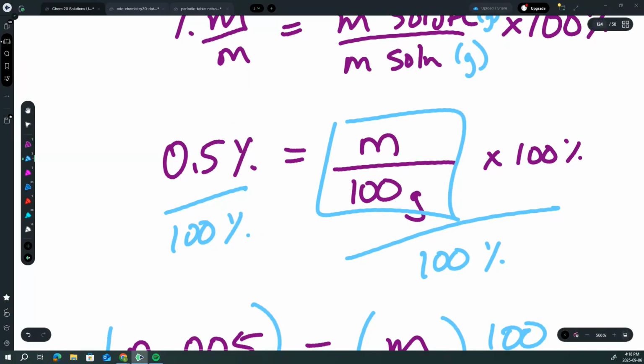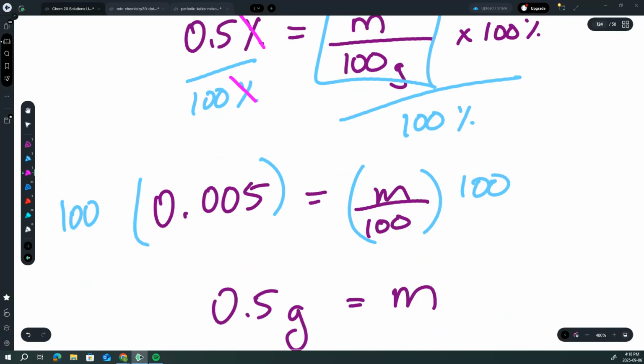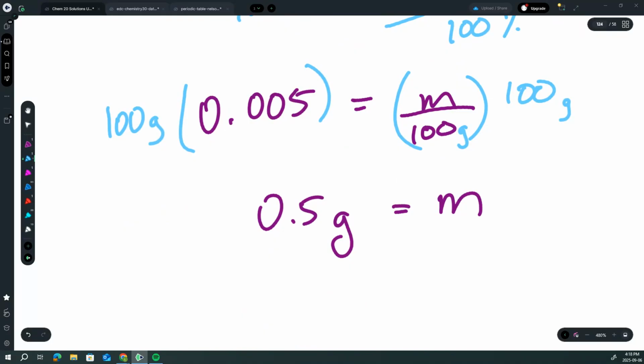Then in the next step I multiplied by 100 grams. Because there's no units on this 0.005, but we still have the units of grams, and there's nothing else to cancel it out, that's why the units are grams.